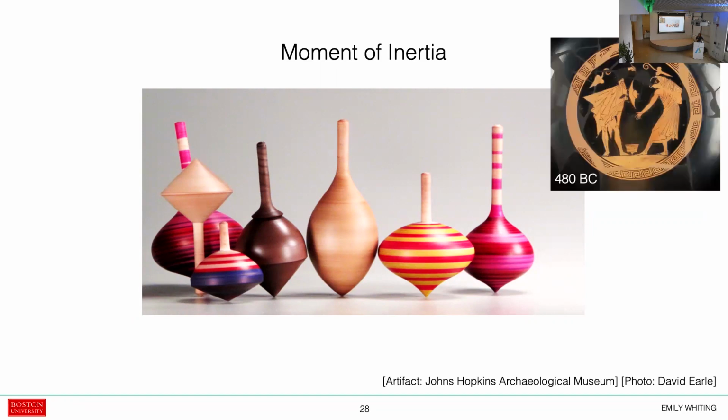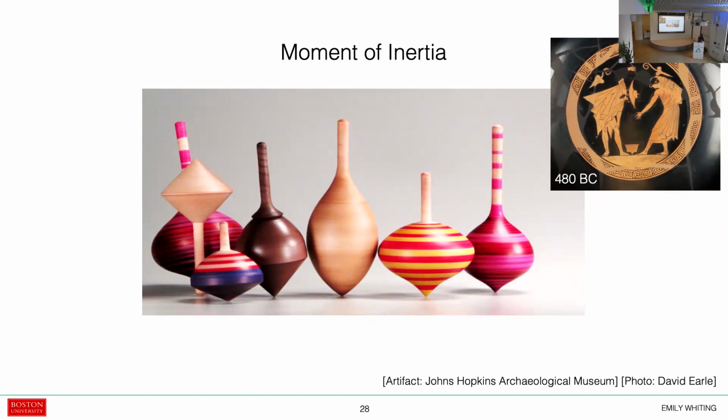So an interesting point historically is that these spinning tops have been part of the toy culture in human civilization since ancient times. So this is an artifact from 480 BC in ancient Greece, where they're actually playing with a spinning top. You can see that on the ground between the two figures.